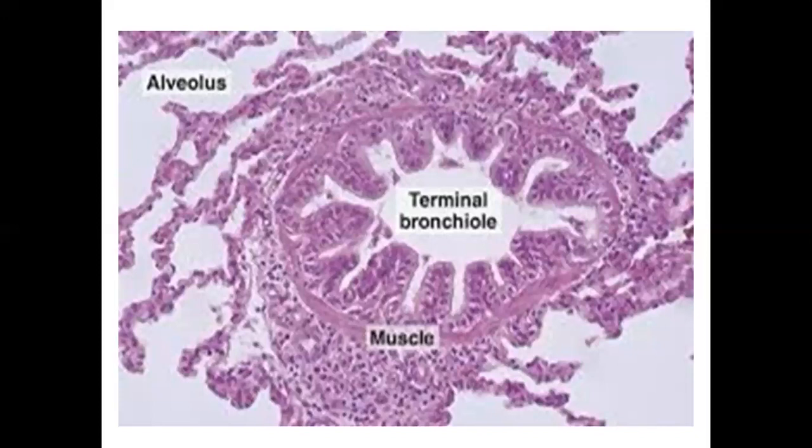This Clara or club cell is believed to protect the bronchial epithelium by lining it with its secretory products, meaning its product is club cell secretory protein, which protects the epithelium of these bronchioles.